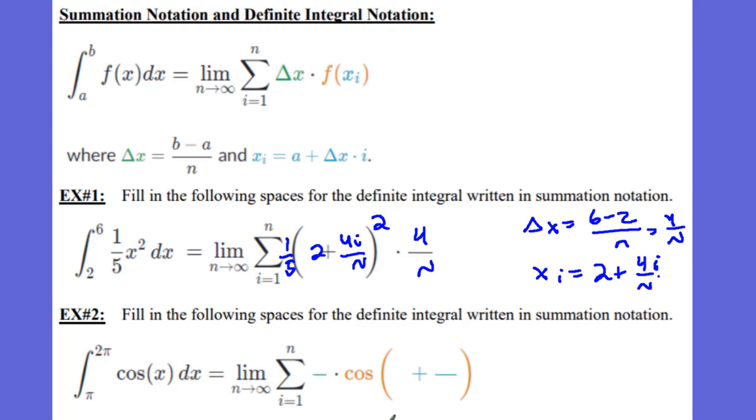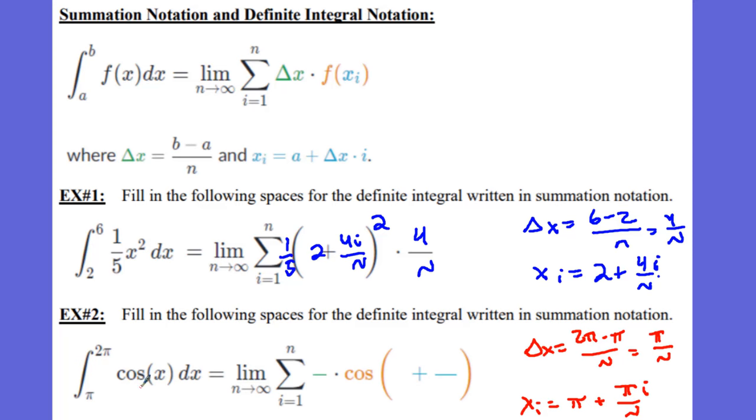If we take a look at another example of this, here we have cosine of x. And so I'm going to find first my delta x. How do I find my delta x? I got 2 pi minus pi over n. That ends up giving me pi over n. My xi is going to be my a, which starts at pi, plus my delta x, which is pi over n, times your i right there.